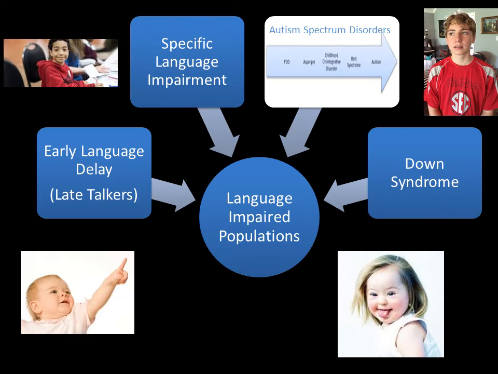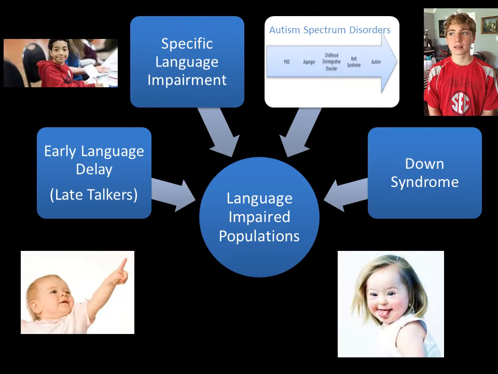So these children who are late talkers or have expressive language delay typically have small vocabularies. They've failed to develop some of these semantic relationships and putting these words together. Some of their important developmental milestones may not have been met.